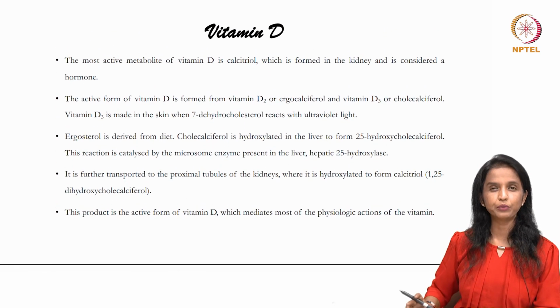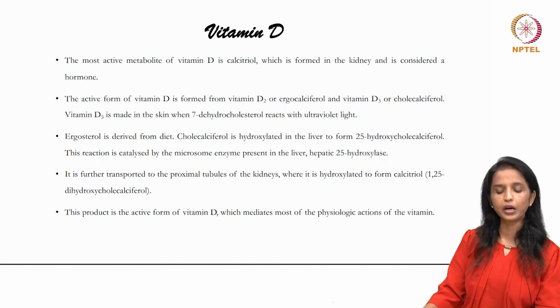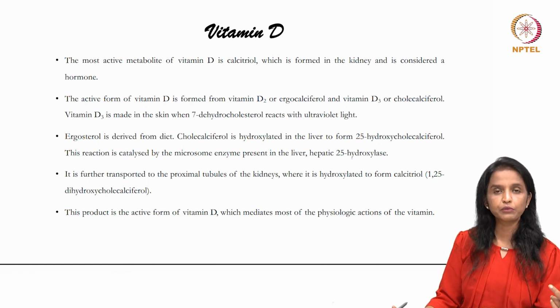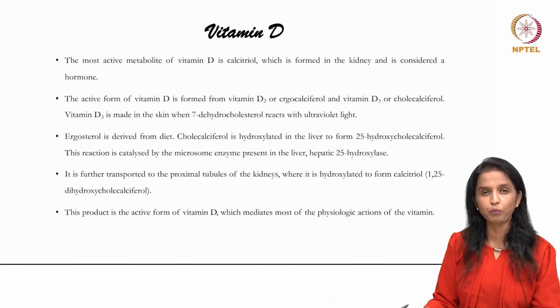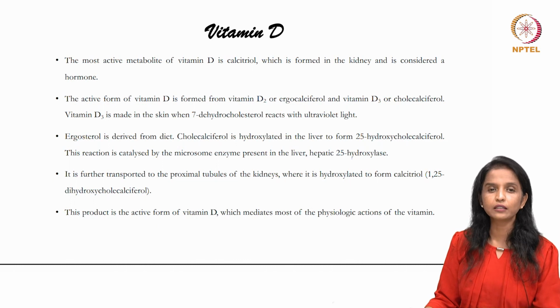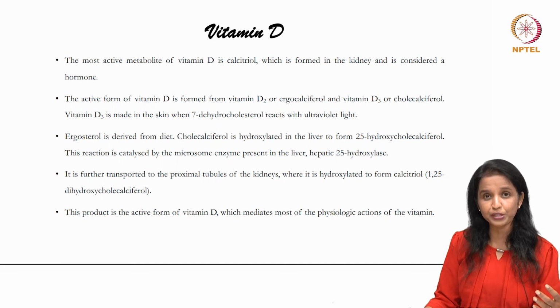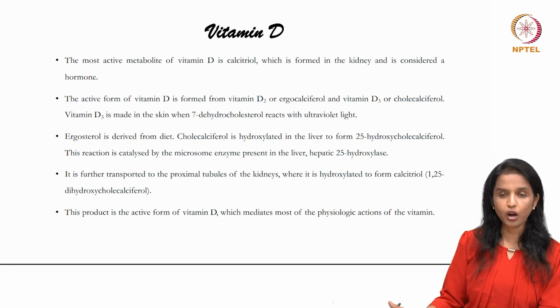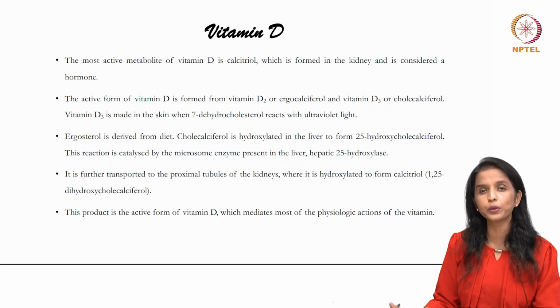Further, we have vitamin D. The most active form of vitamin D is calcitriol, which is formed in the kidney and is considered a hormone. Vitamin D is a very important vital agent in mineralization, and we know that just getting exposed to the sun gives you an ample amount of vitamin D. It is very important for the body to stay strong, because vitamin D helps in strengthening your mineralization.